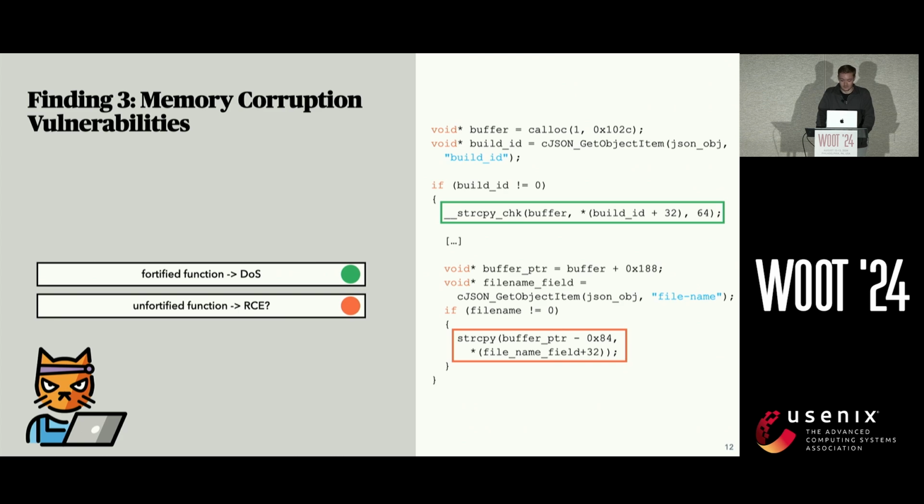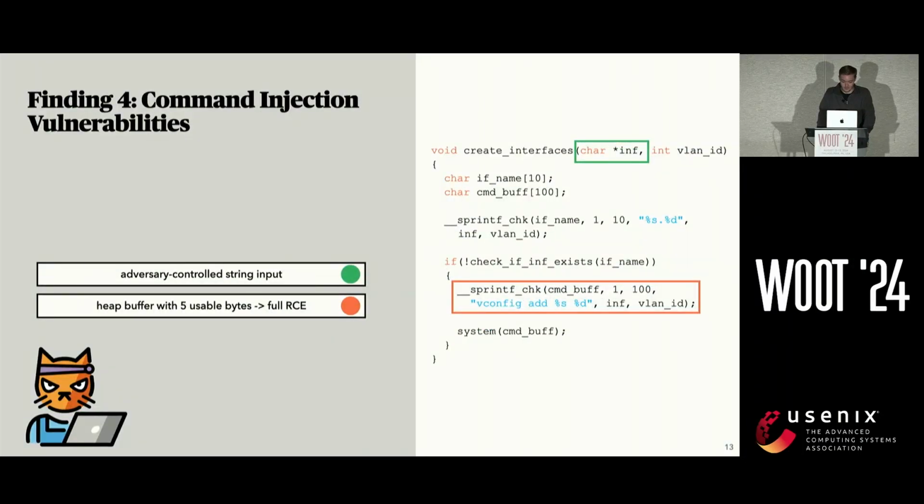These fortified functions check what the parameter length is, and if it's too long, it will just crash the daemon, which we could abuse to achieve a denial of service for these management daemons. And we also found an unfortified function that we are pretty positive can be exploited to a remote code execution, but we didn't do it.